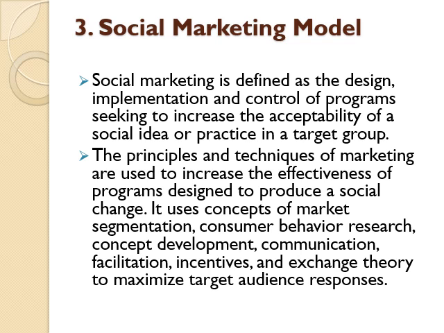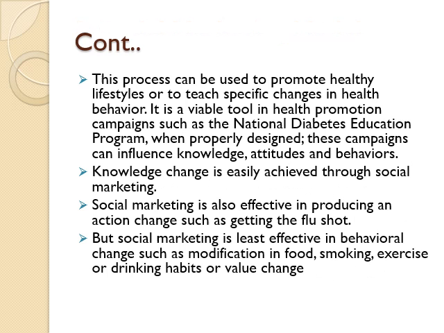It uses concepts of market segmentation, consumer behavior research, concept development, communication, facilitation, incentives, and exchange theory to maximize target audience responses. This process can be used to promote healthy lifestyles or teach specific changes in health behavior.